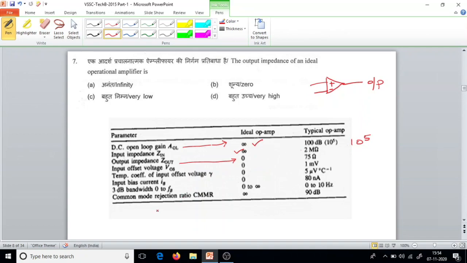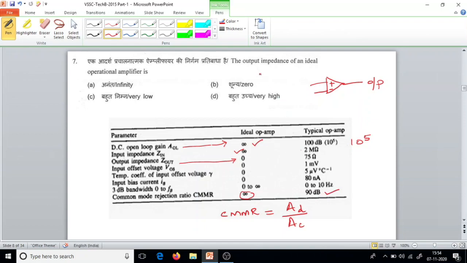Then one more, common mode rejection ratio, CMRR. This is the ratio of differential gain to common mode gain, which is actually infinity for an ideal op-amp, but it is around 90 dB practically.